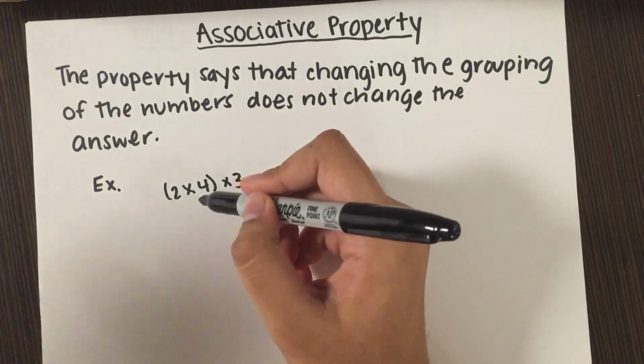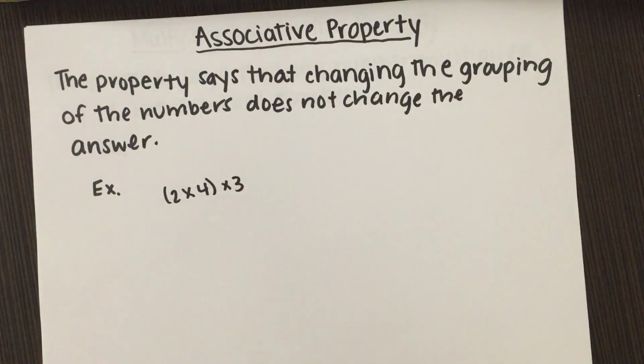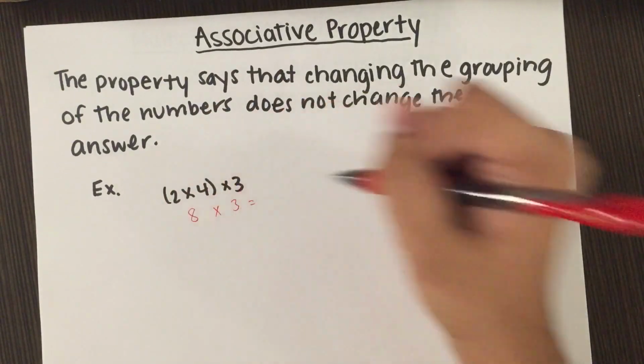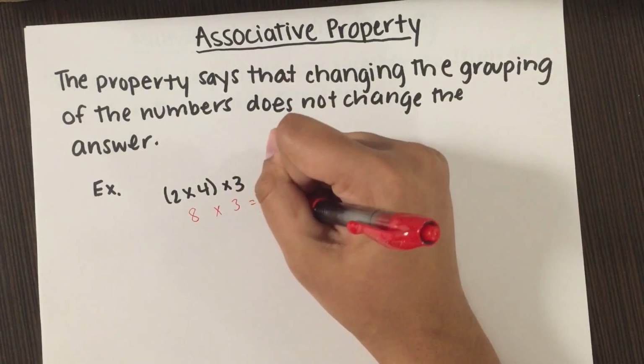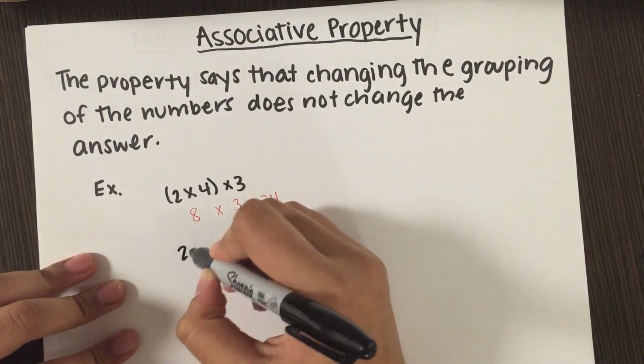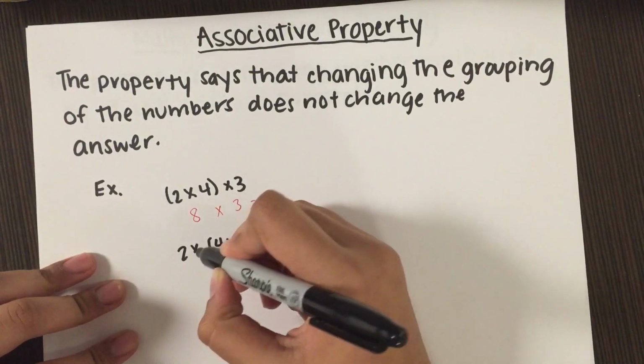First, let's find what this answer is. So, 2 times 4 is equal to 8 times 3. What is that equal to? 24. Now let's switch the numbers around and see how it goes. So, 2 times, parentheses, 4 times 3.